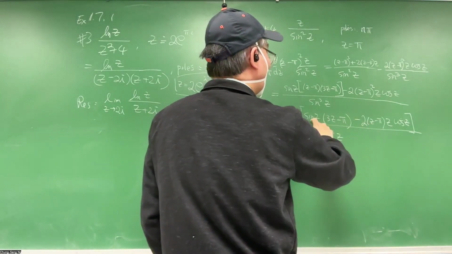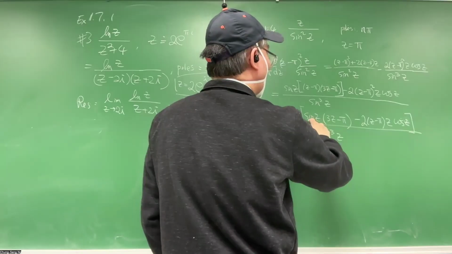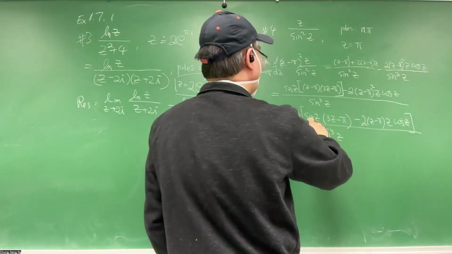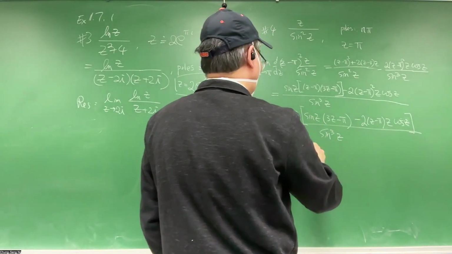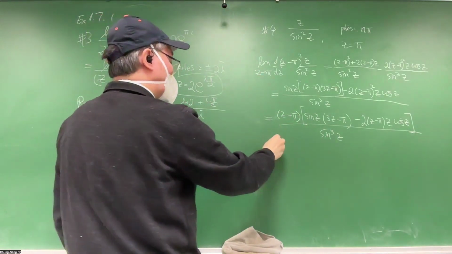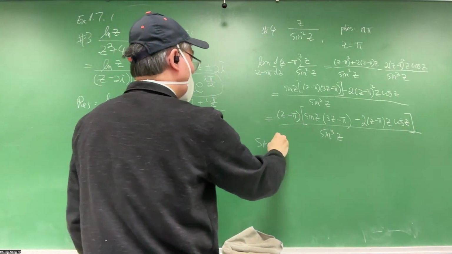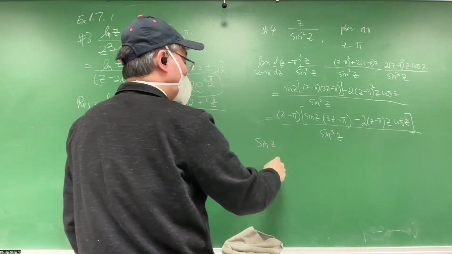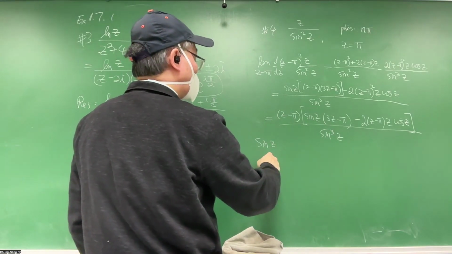So everything you need to have enough z minus pi, so you can now try to take the Taylor expansion of sine z with respect to pi, right?